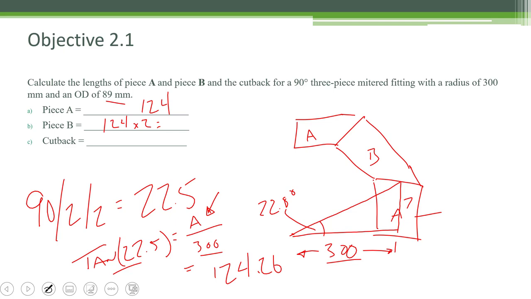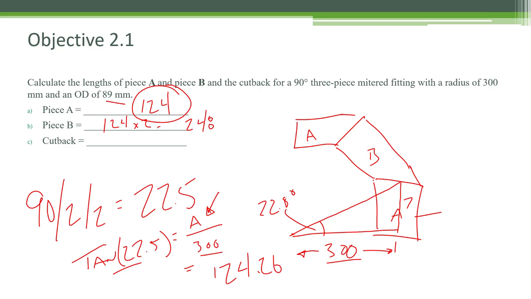So if you don't clear your calculator and you go times 2, you'd probably get 249 or 248.5281374. Your book just used this number times 2, so I guess that's what I'll do too. And you'd get 248. Okay, and if you got 249, you're probably, I guess you're not right. I guess you would be more right because it's 0.52, so you're a little closer. But anyways, we're not going to argue over 1 millimeter. Okay, so A 124, B 248.